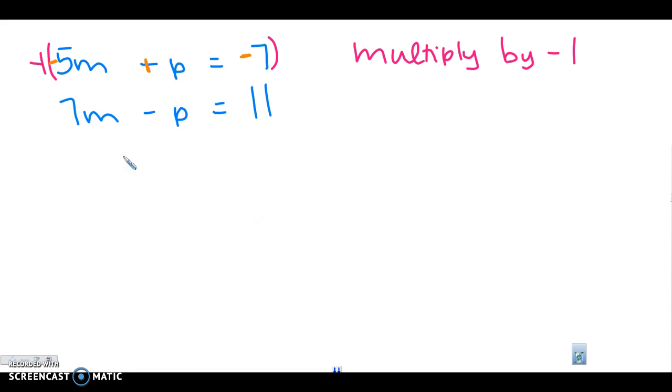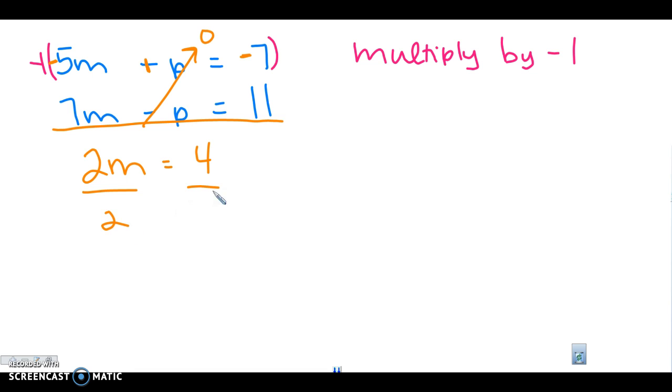Same idea here. So now I've distributed the minus sign and I can add down. I have a negative 5m and a positive 7m, that gives me 2m. A plus p and a minus p cancel out and go to 0. Positive 11 and negative 7 gives me a 4. When I solve for m, I get m equals 2.